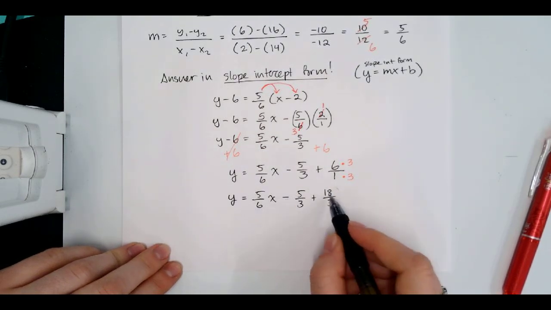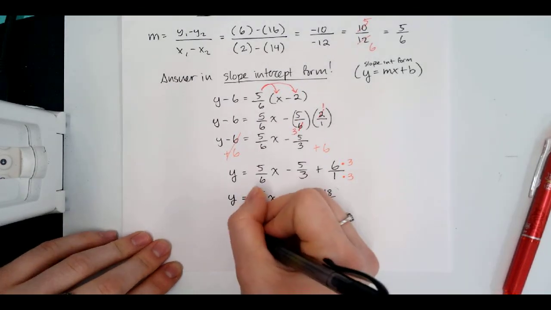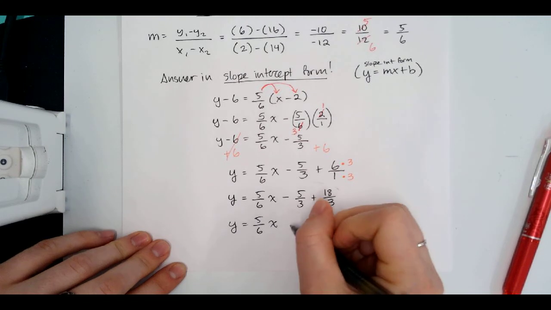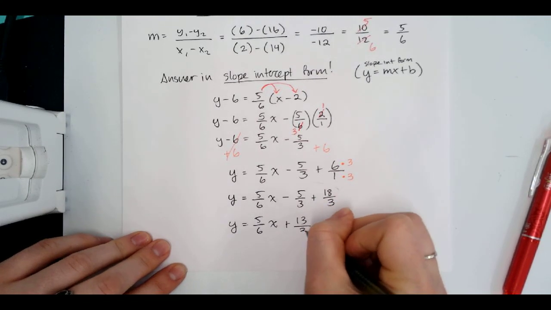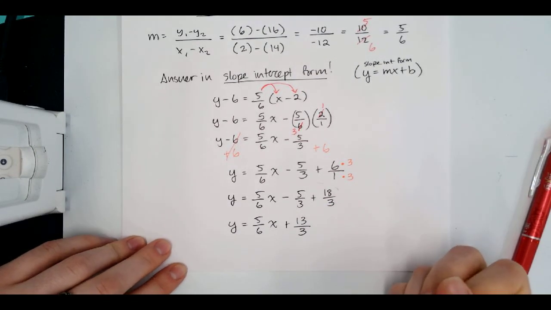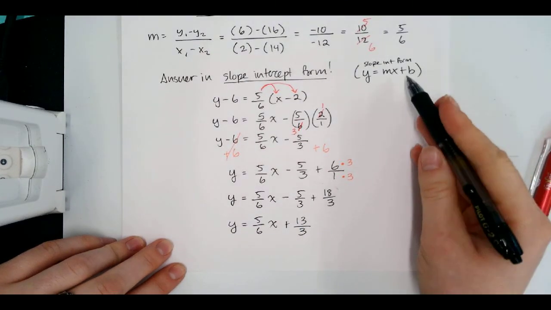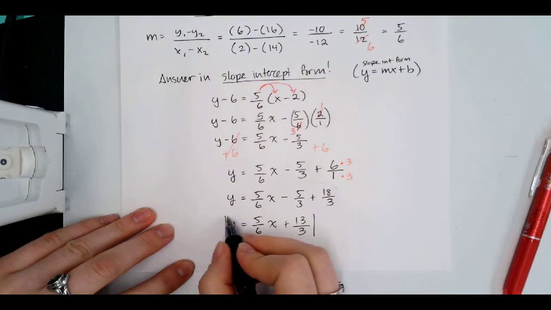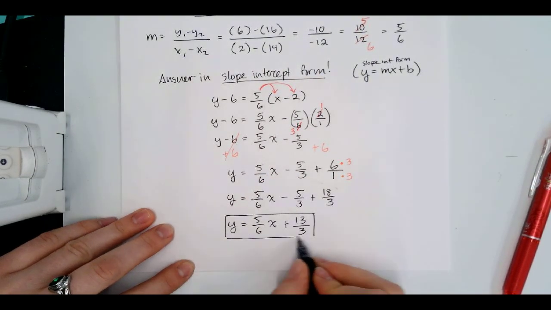Negative 5 plus 18 is going to be positive 13. So y equals 5 over 6x, adding these fractions, we get positive 13 over 3. Now, is that in slope-intercept form? Does this one look like that? Yep, it does. Okay, so that would be if I wanted you to write your answer in slope-intercept form.